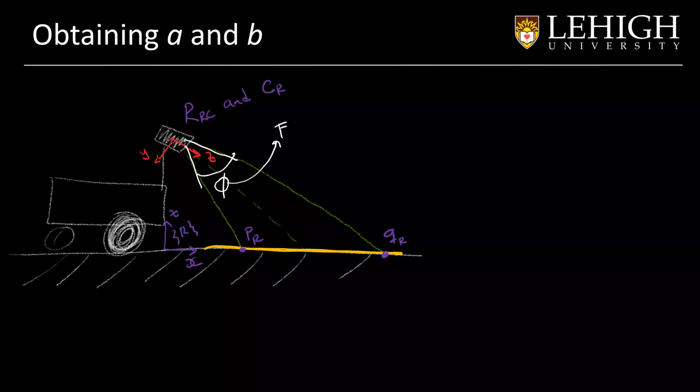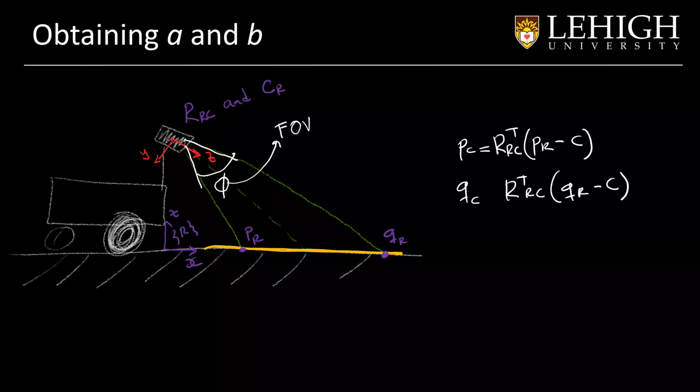And this will be the field of view angle that comes from the camera parameters. The points P and Q in the camera frame can be obtained using the information that we already know.